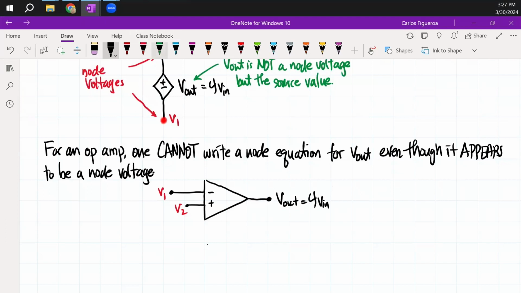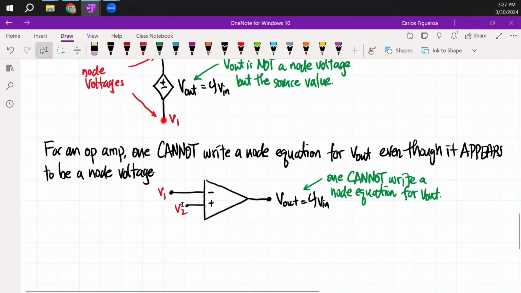In other words, one cannot write a node equation for V out. Note that I'm repeating myself because in the beginning, it's real easy to make that mistake.